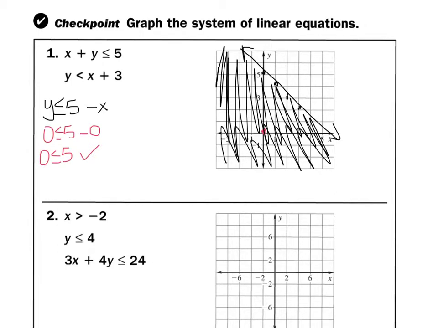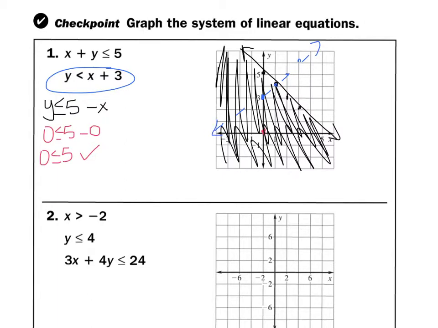For my second equation, it's already solved for y, so I just have to graph the equation. It's going to have a y-intercept of 3, it's right there, and a slope of 1, meaning I'm going to go up 1 over 1, up 1 over 1. This is going to be a dashed line, because it's just less than.